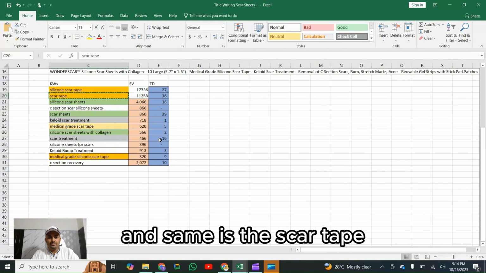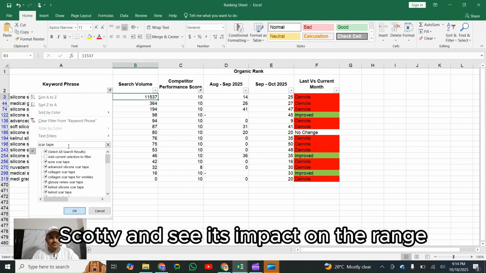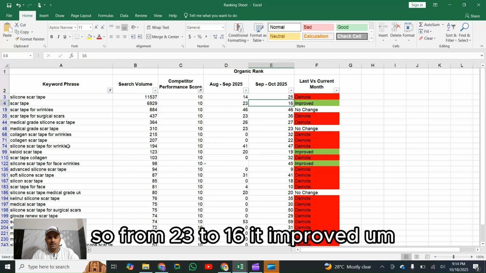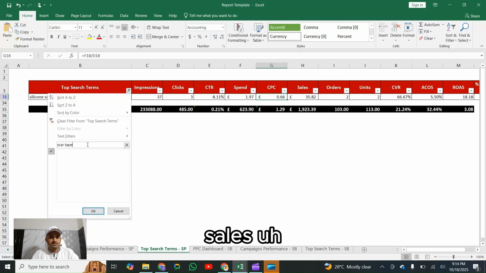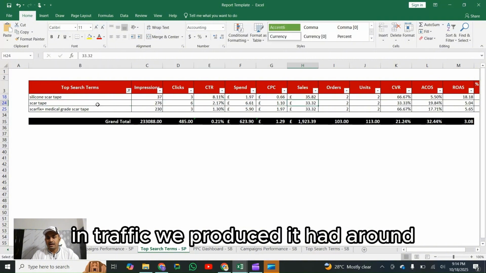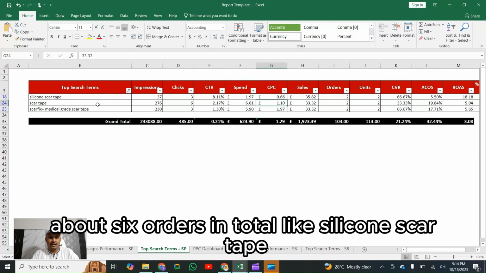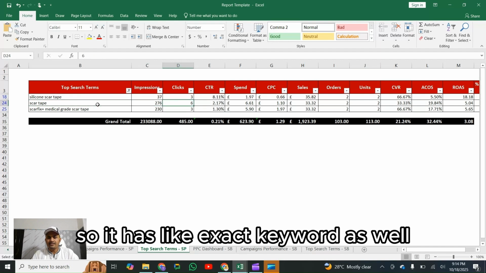And same is the scar tape. If I type it here, scar tape, and see its impact on the ranks. Yeah, so from 23 to 16 it improved. And if I look at its sales, like how many sales and traffic we produced, it had around six orders in total, like silicon scar tape and Scarfix medical grade scar tape all contain scar tape, so it has the exact keyword as well as its broader form.